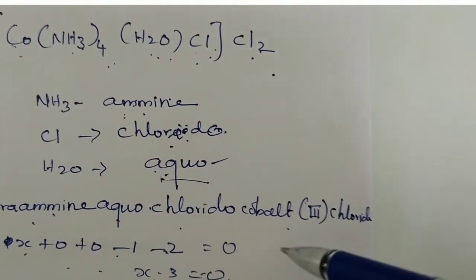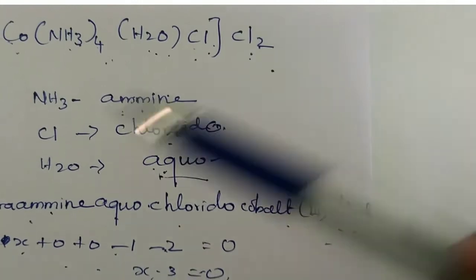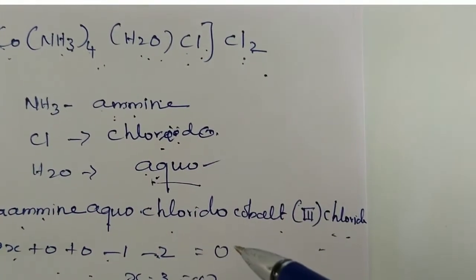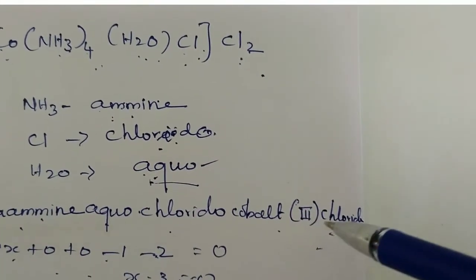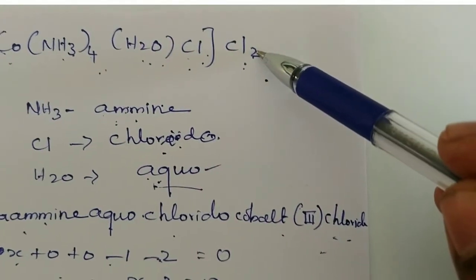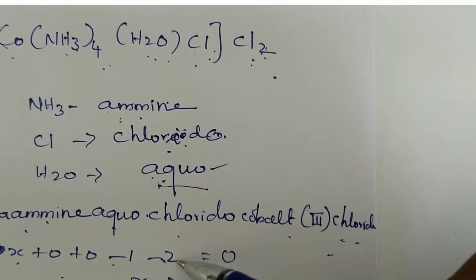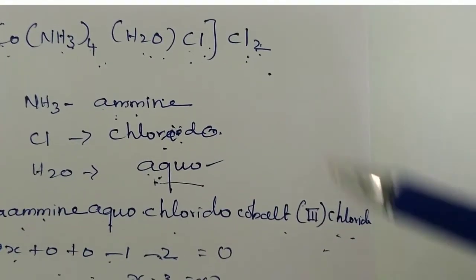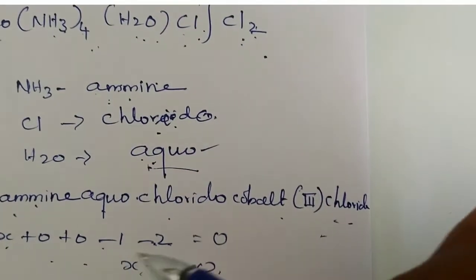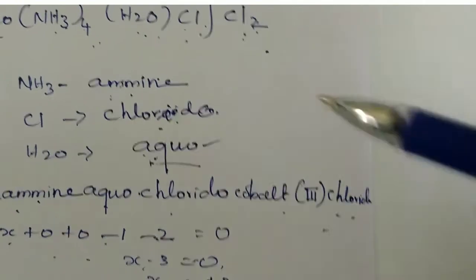So, cobalt(III). Now, we have to write this Cl as chloride: tetraammineaquachloridocobalt(III) chloride. Here 2 chlorines are there, but that too we consider for calculating the oxidation number. There is no need to write the 2 here. So, tetraammineaquachloridocobalt(III) chloride.